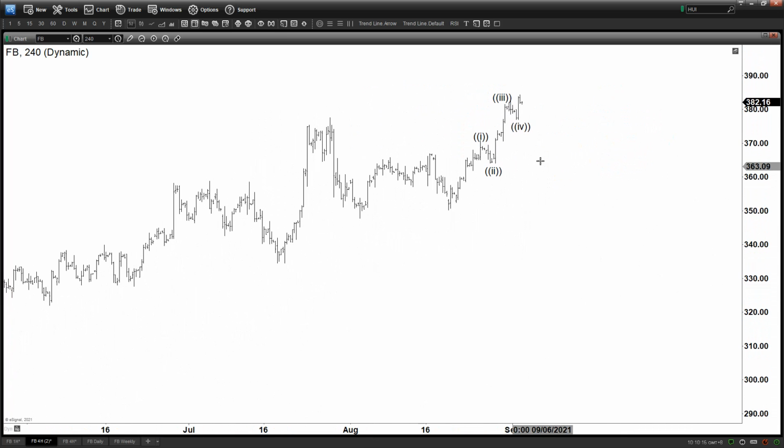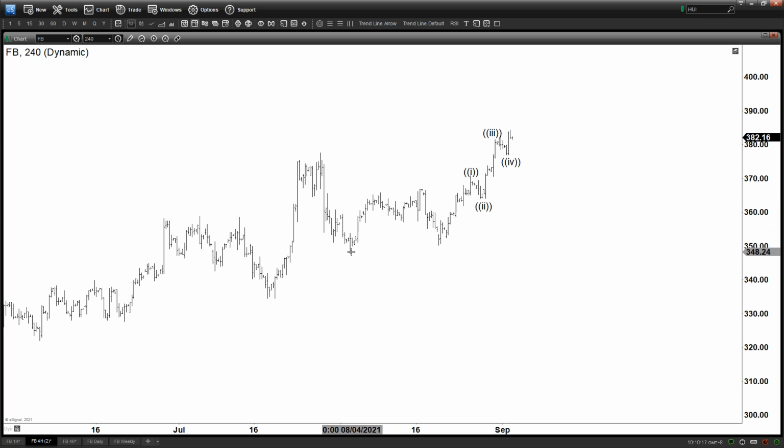Now look at it from this low here, which is August the 3rd. You can clearly see, if you draw some sort of channel, this belongs to the same channel, so therefore it belongs to the same cycle. That's why you have 1, 2, 3, 4 here, which is kind of the same cycle.